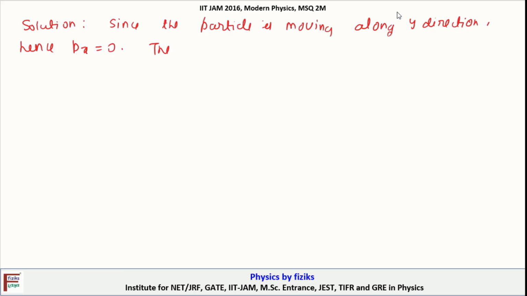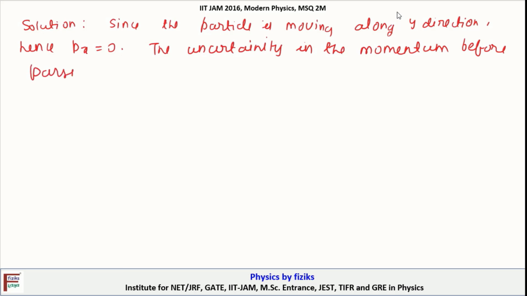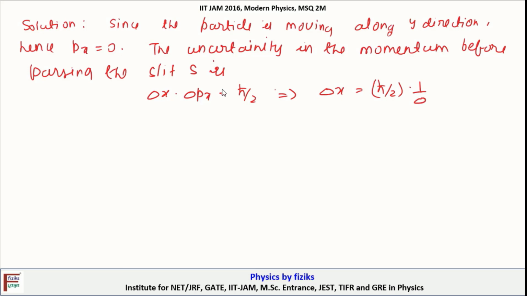The uncertainty in the momentum before passing the slit is zero, that is del x into del px is greater than or equal to h cross by 2, which implies del x is equal to h cross by 2 times 1 by del px, which tends to infinity.